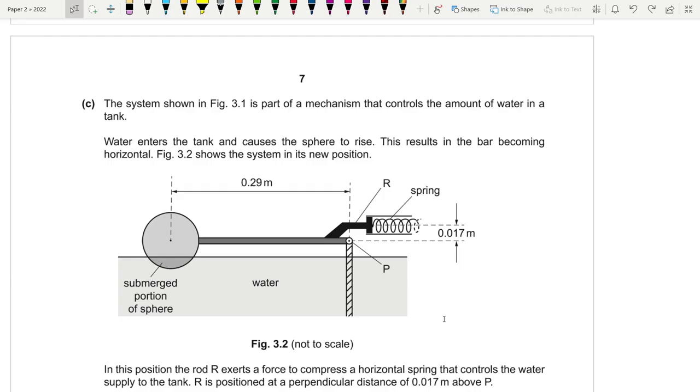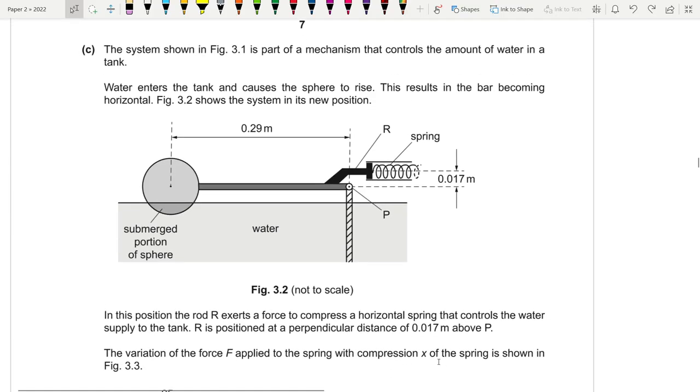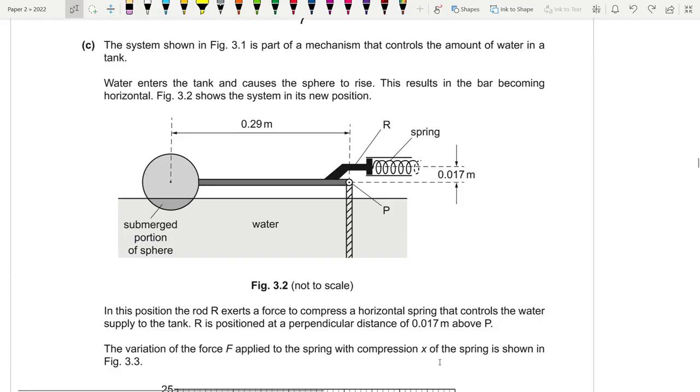Figure 3.2 shows the system in its new position. In this position, the rod R exerts a force to compress a horizontal spring that controls the water supply to the tank. R is positioned at a perpendicular distance of 0.017 meters above P.